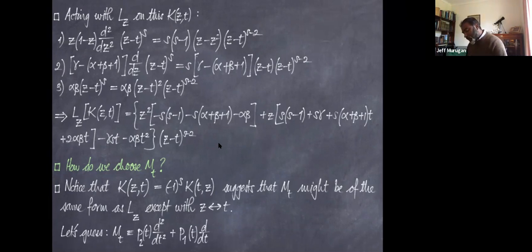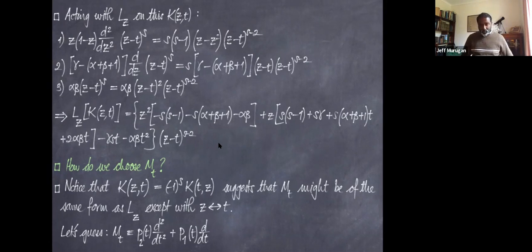And in principle, I can add a p naught of t, but I'm going to see if I can get away with not doing that. If it doesn't work, it doesn't work, and we'll go back to the drawing board. But let's see if we can start with this as a guess. So no constant term, just in the hope of having some simpler operator to work with.